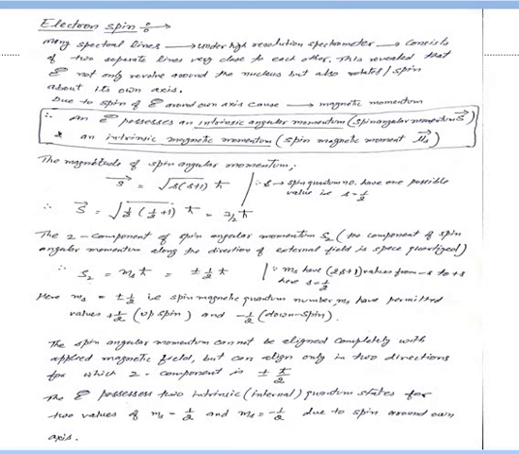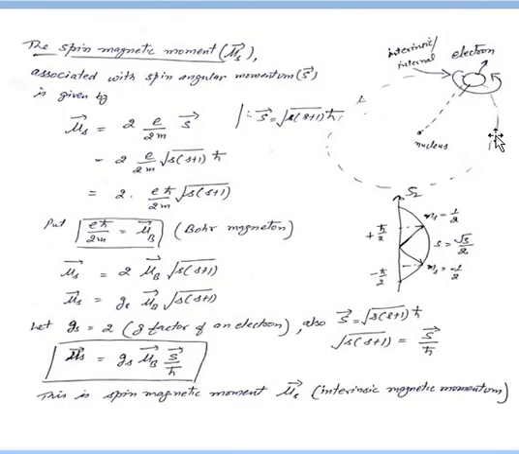In the next slide, we are seeing the electron revolving around its own axis, and this revolution of the electron causes the intrinsic momentum. Last time we discussed spin angular momentum as a vector quantity, and now we will discuss the spin magnetic moment, that is mu s vector.